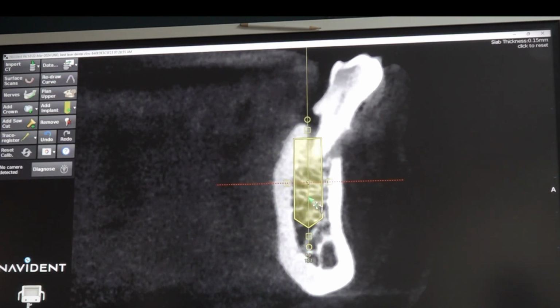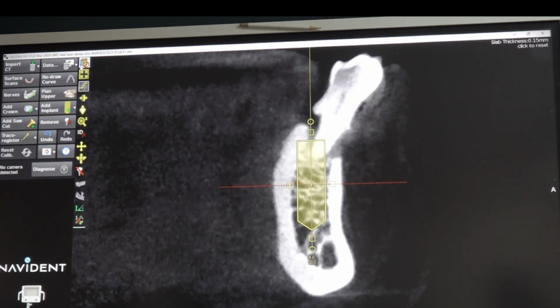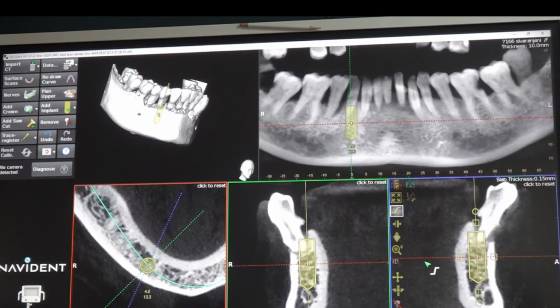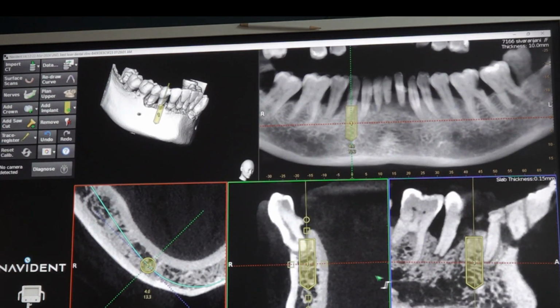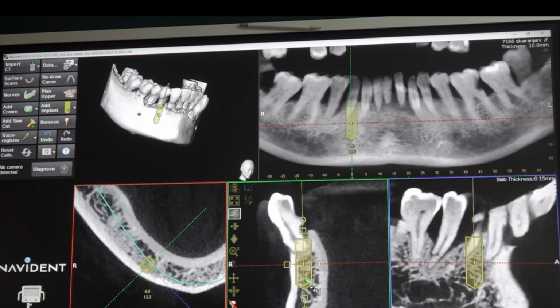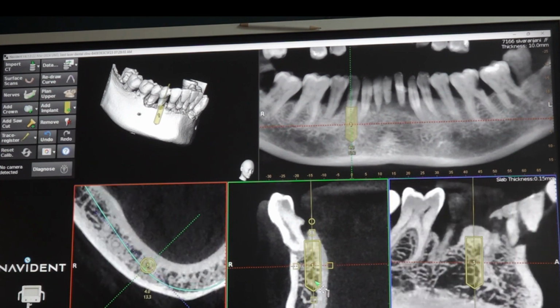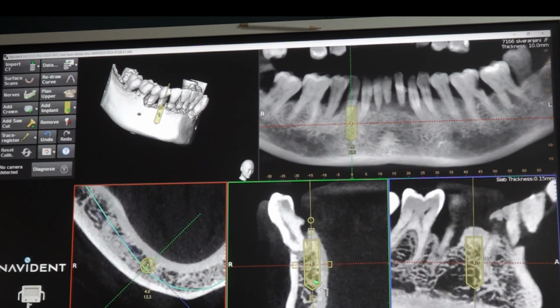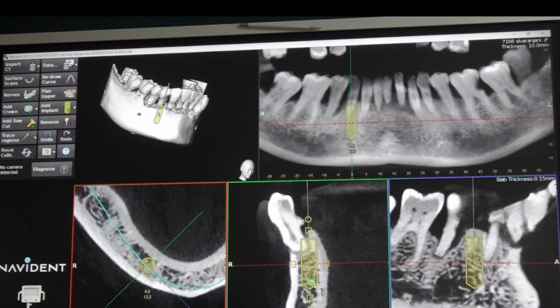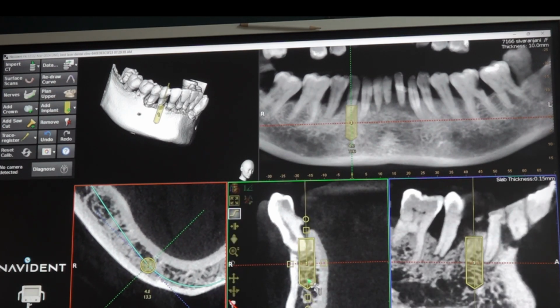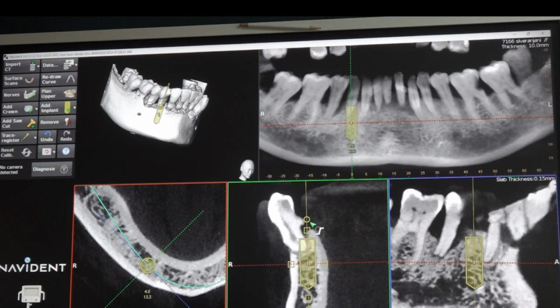Okay. Now we will check whether it is the incisive canal. So in this technique we can see it. So better to select a shorter length.